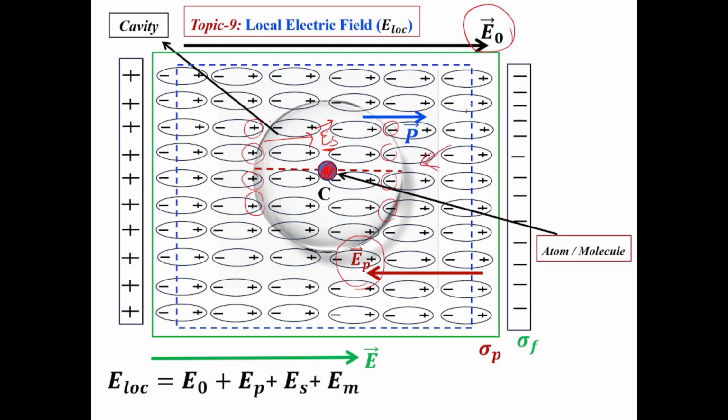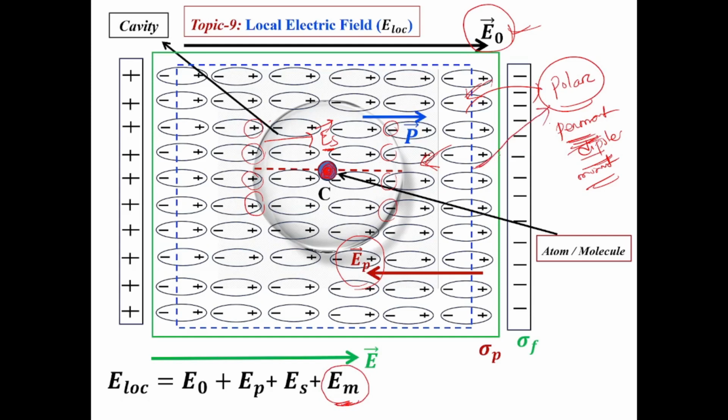Suppose we consider this a polar dielectric material, then before we apply the electric field, dipole moments are already present inside this dielectric material. Due to the permanent dipole moments, we can expect another electric field, that is EM.